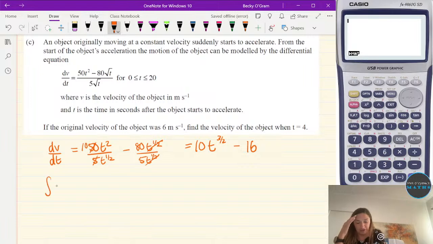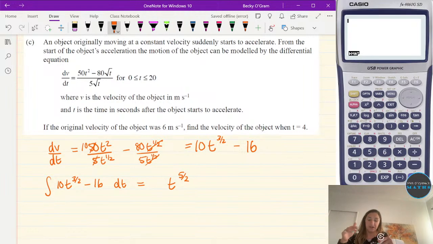So now we're integrating 10t to the 3 over 2 minus 16 with respect to t. Okay, t, increase the power by 1 and we get 5 over 2. If we do 10 divided by 5 over 2, it's the same as timesing by 2 over 5. So we have 20 over 5. That gives me 4t to the 5 over 2, minus 16t plus c.